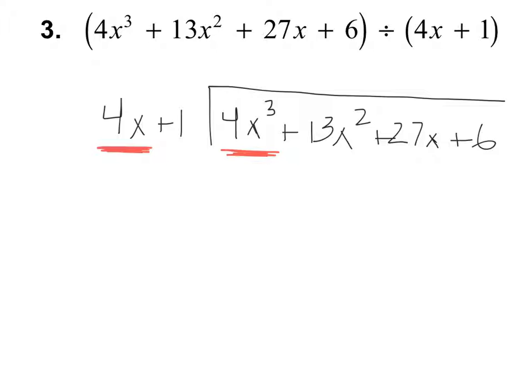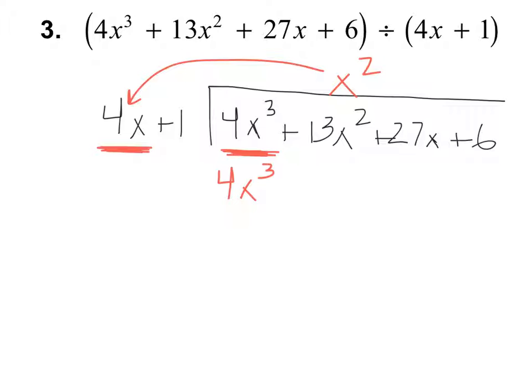If you said, just multiply it by x squared, because 4x times x squared is 4x to the third, you'd be right. So we put x squared over the respective exponent here, because when I multiply x squared by 4x, I get 4x to the third.